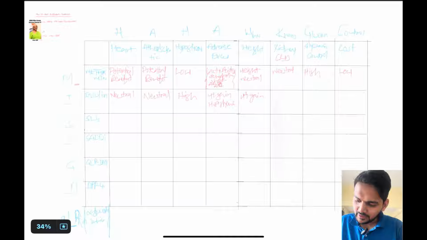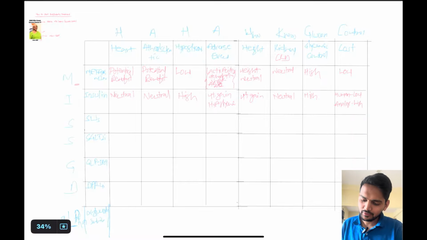Regarding kidney health, again, no positive or negative effects, so it is neutral. Glycemic control, highly efficacious, because we compare the HbA1c lowering effect of all other groups with insulin only. Coming to cost, if it is human insulin, cost is low, but if we want to use analogs, cost is higher. This point we have to consider.